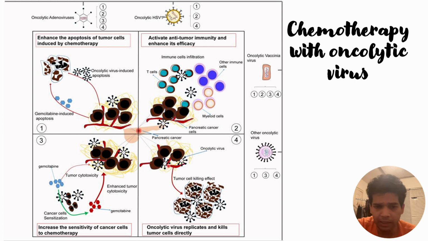It can directly kill the tumor cells and is able to distinguish between the tumor cells and the healthy cells, so that this oncolytic virus will be able to selectively target the pancreatic tumor cells that are present within the host.